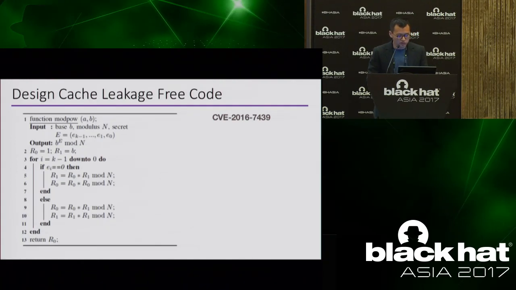It initializes two variables, R0 equal to 1 and R1 equal to B. After that, it will scan through each key bit. For each key bit, depending on the key bit, it will compute different modulo multiplications.